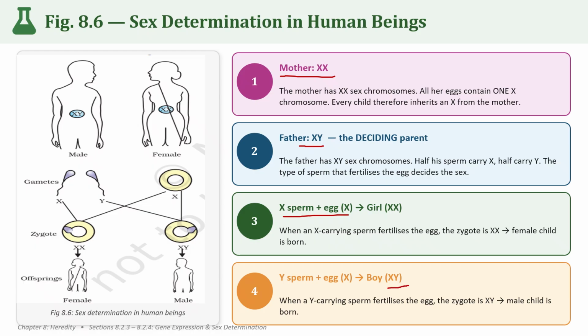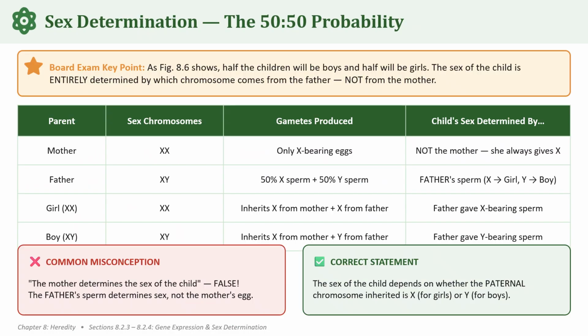So X from father and X from mother is a girl. Y from father and X from mother is a boy, that is XY. Sex determination probability is 50 to 50. Equal probability.